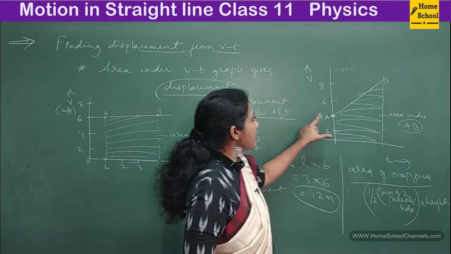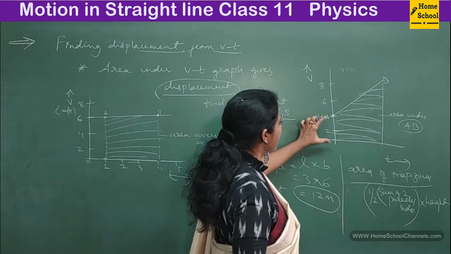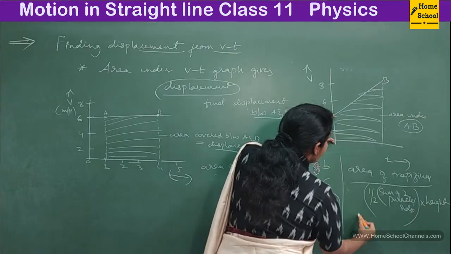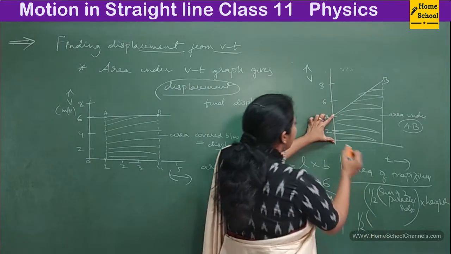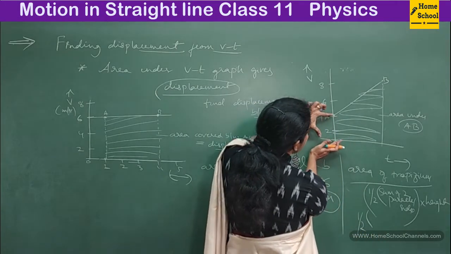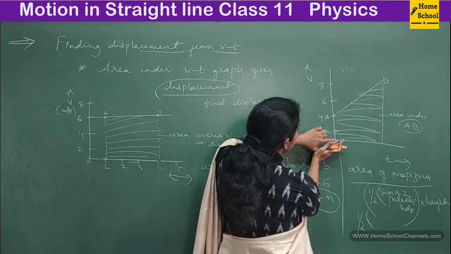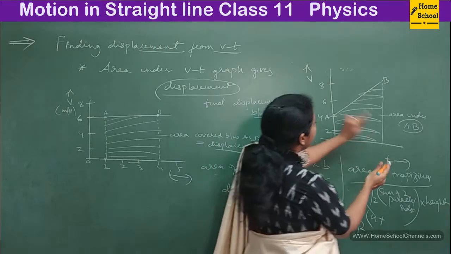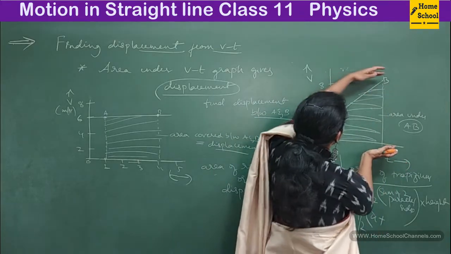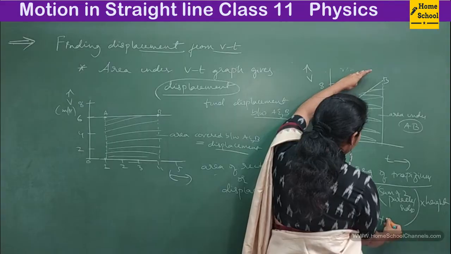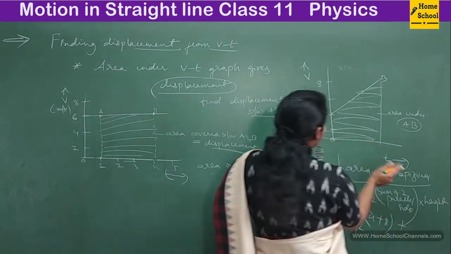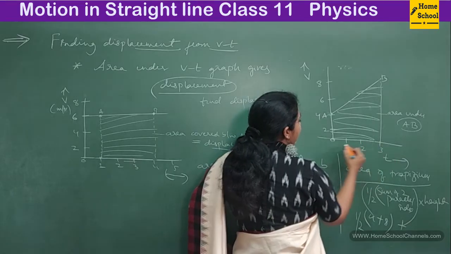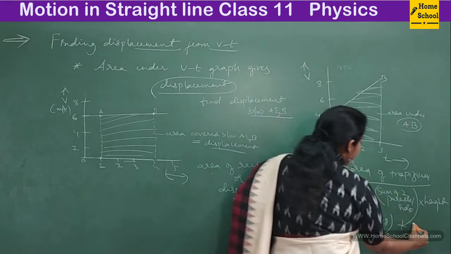So what is the sum of the two parallel sides? This side and this side are parallel, right? This side is 4, that is 0 to 4, and the other parallel side is 0 to 8. So 8 plus 4, and the height is this much time, 0 to 3, that is 3.